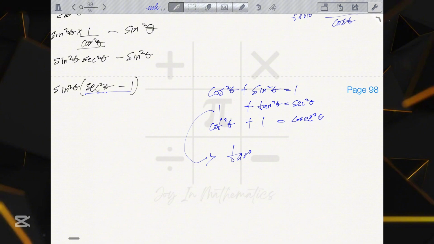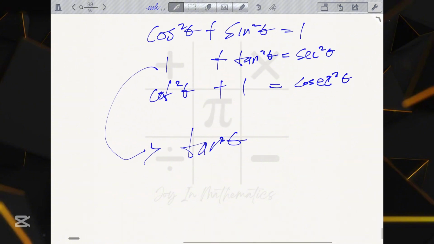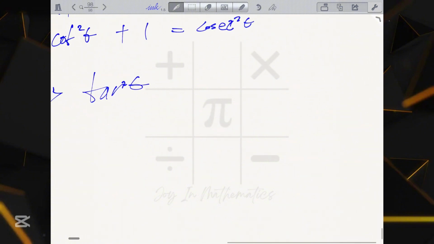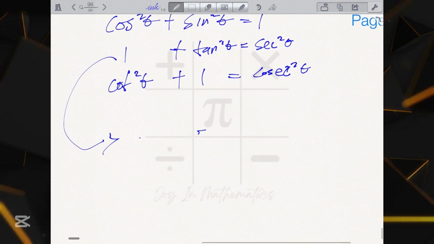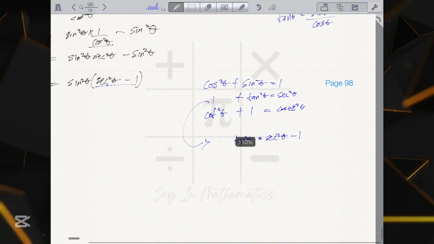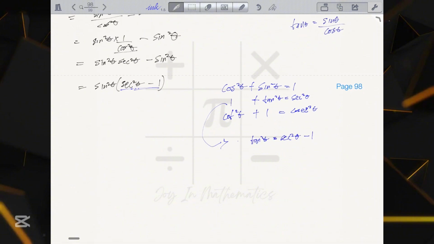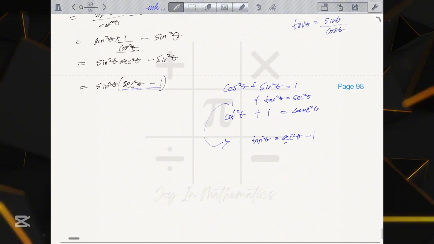That means, from the second expression, making tan squared theta the subject of the formula, we will have it to be equal to sec squared theta minus 1. So if you compare, we have sec squared theta minus 1, which is equal to tan squared theta. So we can convert this and substitute it.